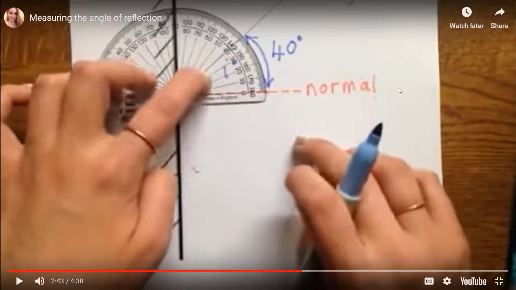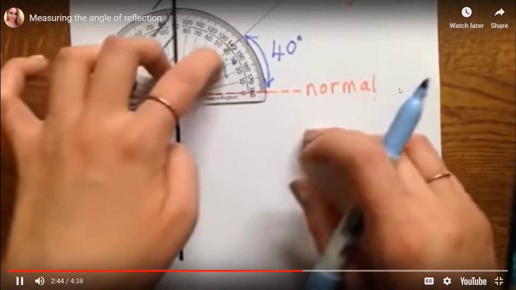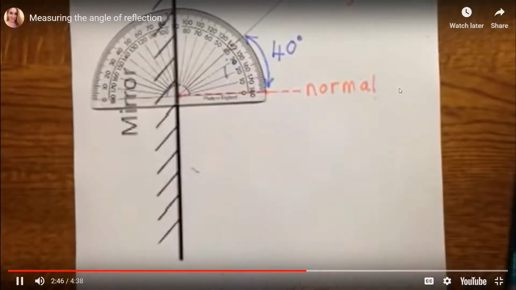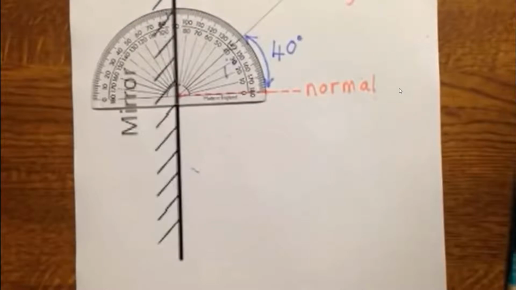So what is the reflected angle? According to the law of reflection, the reflected angle is equal to the incident angle. So they are equal. If the incident angle is 40, how much is the reflected angle? Let's see. Now we have our incident angle, and because we know the law of reflection, we can work out the angle of reflection from this.